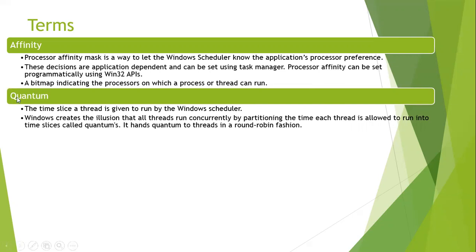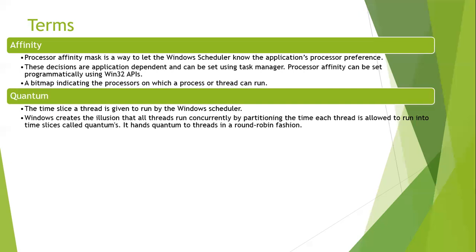The same way, quantum is a time slice. The operating system will decide how much maximum time the thread can execute on the CPU. If it is more than this, or if it reaches that time slice, then it will be kicked out of the CPU, right? This is the time slice. A thread is given to run by the Windows scheduler, right?